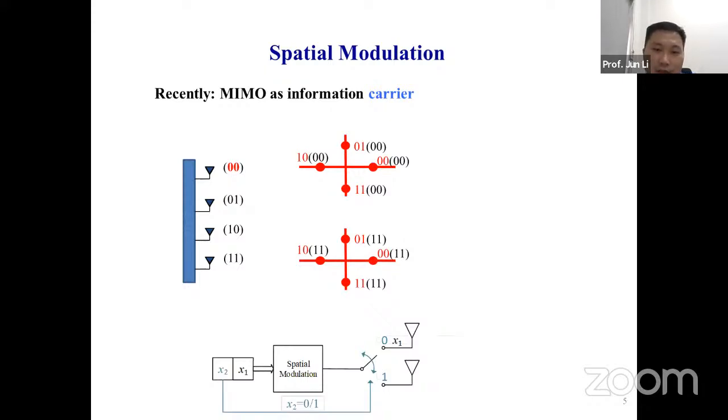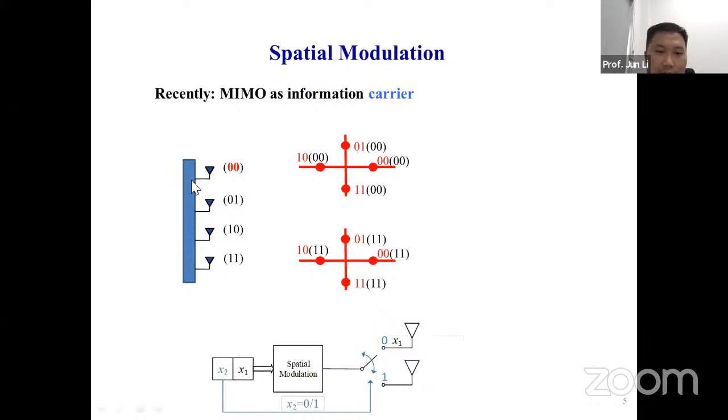Actually, spatial modulation is a variant of the MIMO technologies. In this figure, we can see that in the conventional MIMO scheme, all of these 4 antennas will be used for transmission. But in spatial modulation, only a single antenna will be used.